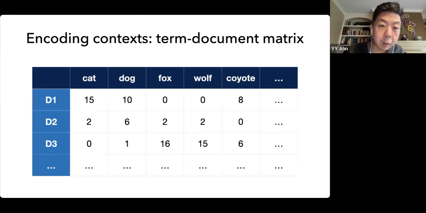And one way to encode context is a term-document matrix. If you have a lot of documents, we can just count how many times each term appears in each document. That gives us this context matrix.